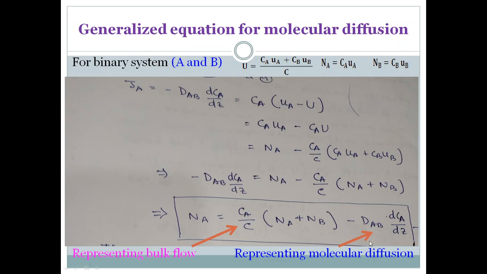But if somebody does not have any extra energy, whatever the crowd does, he will do. Then this term will be 0 and his flux will be just the bulk flux.